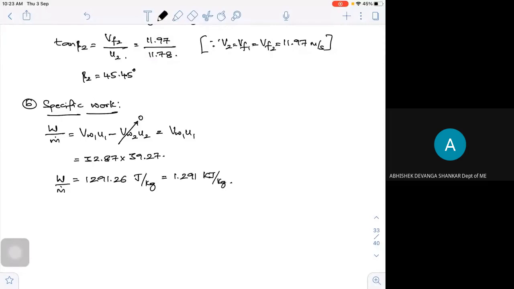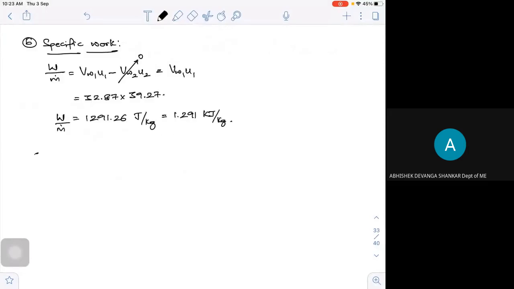Okay. The third quantity is the degree of reaction, which is R. So what is it actually?